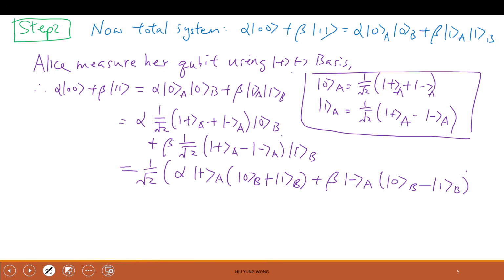I'm doing it a little bit fast, but let's take a look. What I'm doing is just expanding the terms. So I have plus_A times 0_B, right? I also have plus_A times 1_B, right?